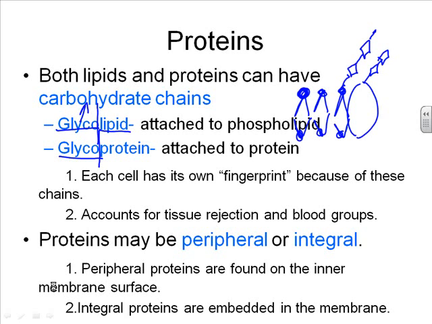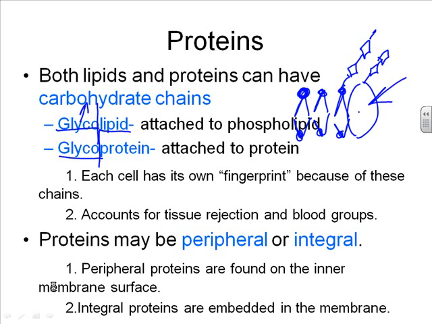A carbohydrate chain attached to the protein portion is called a glycoprotein. And again, they act like your ID tag. They're your fingerprint. That's why we cannot take a liver out of a stranger and give to you without making sure that it has similar glycoprotein and glycolipid chains. Your body uses those chains to ID your cells and therefore reject or attack anything that's not you.